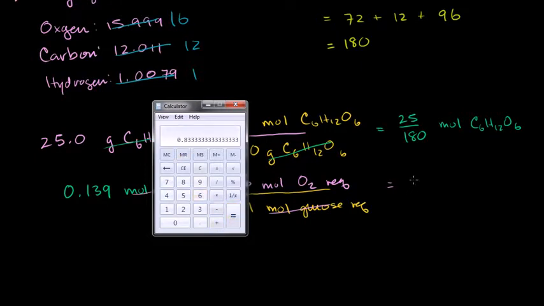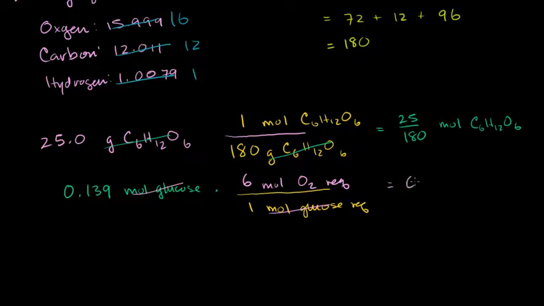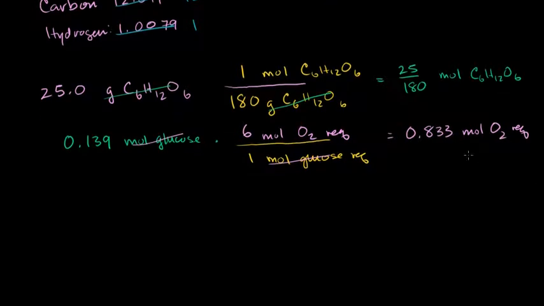So we need 0.833 moles of oxygen required. Now, we're almost there. We know how many moles of molecular oxygen are required. Now we just have to figure out how many grams that is. So let me write it over here. We have 0.833 moles of molecular oxygen required.